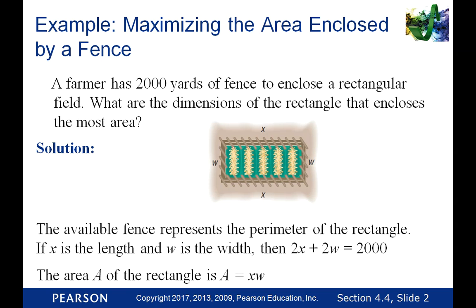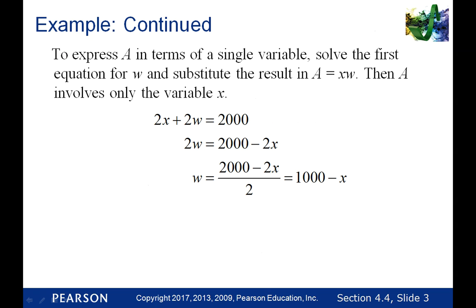One thing you have to know: the area of a rectangle is length times width, so we're using X times W. We want to find the maximum area we can create using that information. So we need to get one of those variables by itself.